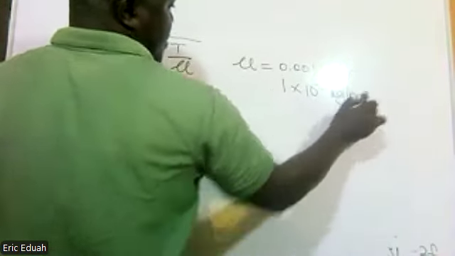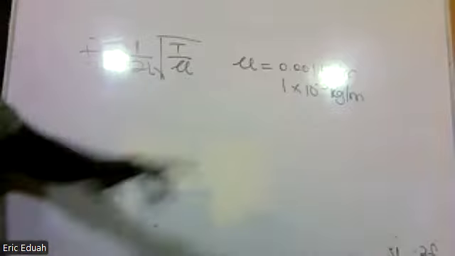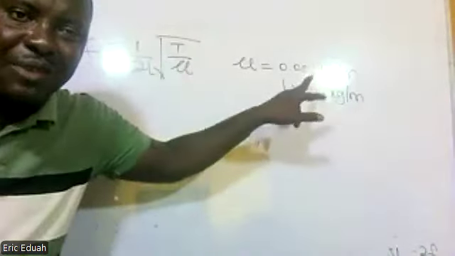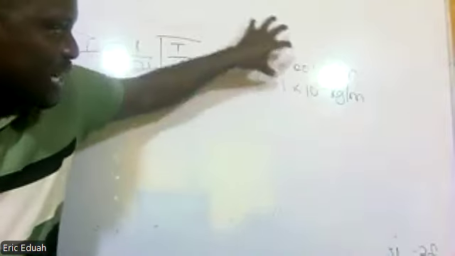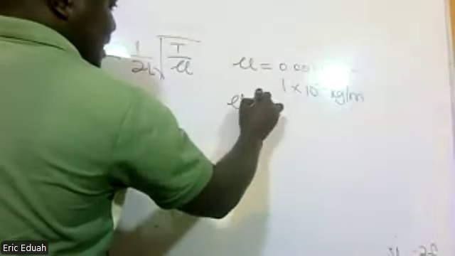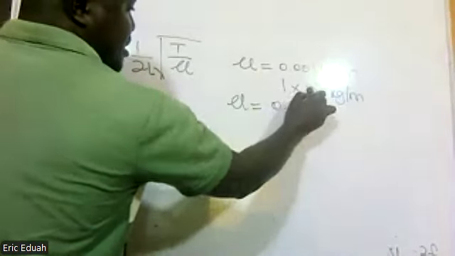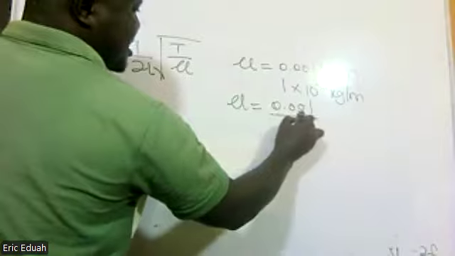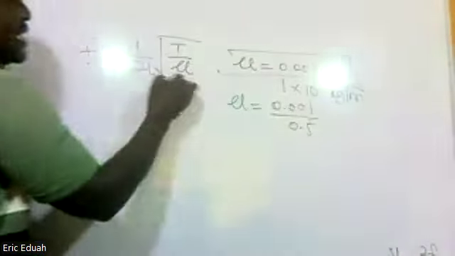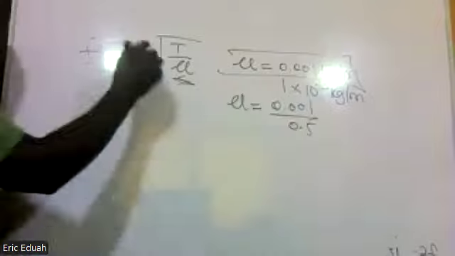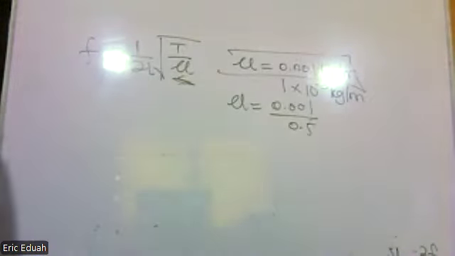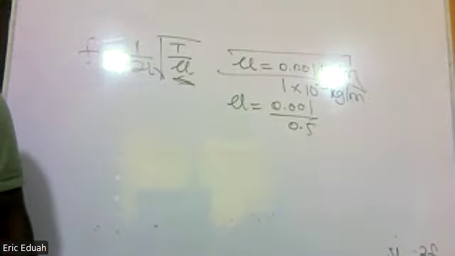My attention never came on this. I felt whatever was given was mass, the reason for which I was using this and then dividing by 0.5 or so. But what we were given was actually this mu. So you must substitute this into it straight away. Okay.